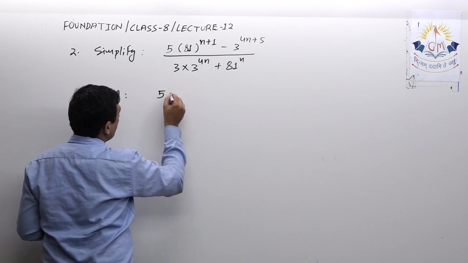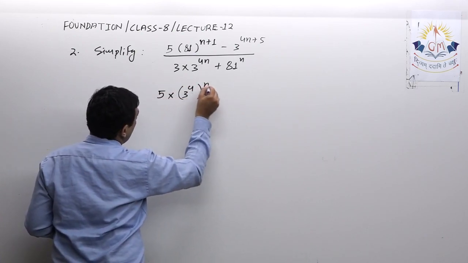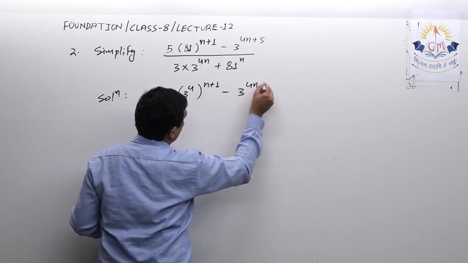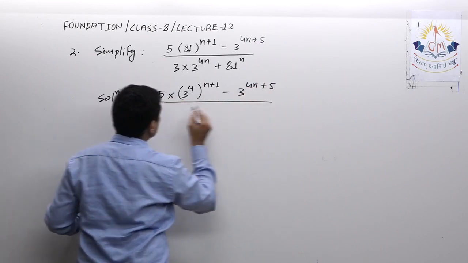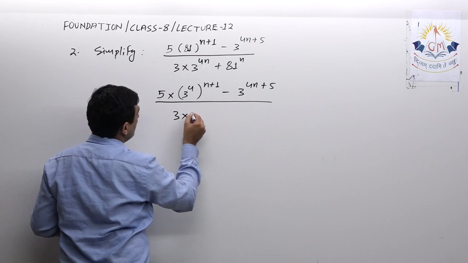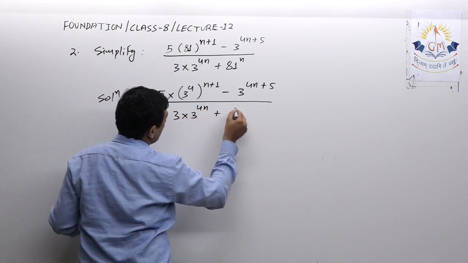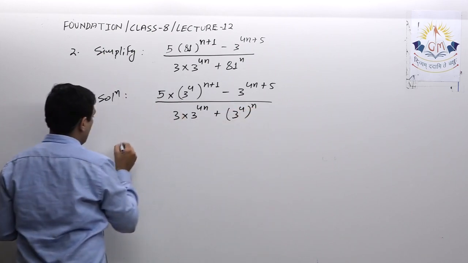So we'll start with that only. 81 is 3 raised to 4, so we get 3 raised to 4 into n plus 1, minus 3 raised to 4n plus 5, divided by 3 into 3 raised to 4n plus 3 raised to 4 raised to n.